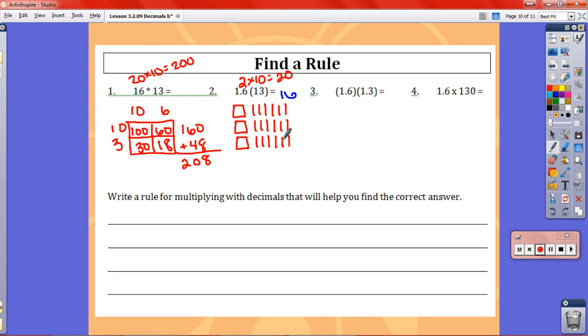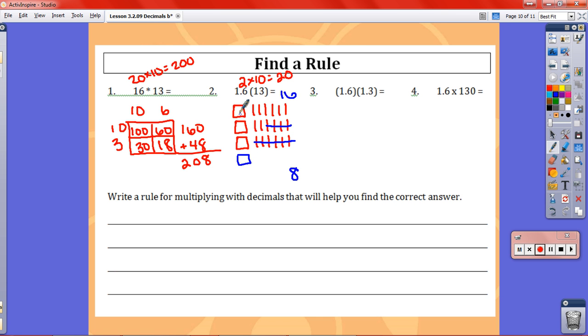So that's 6, 7, 8, 9, 10. Gives me another whole. And 2. Actually, that should be it, shouldn't it? 1, 2, 3, 4, 5, 6, 7, 8. So there's going to be 8 tenths.